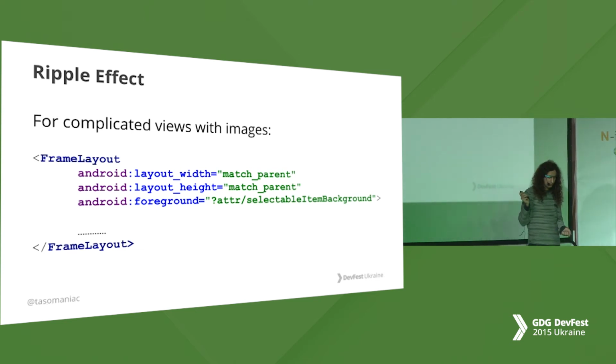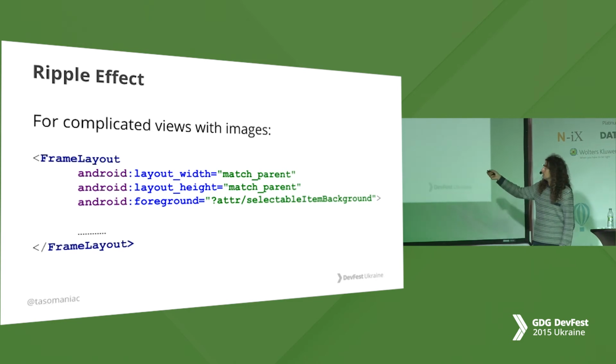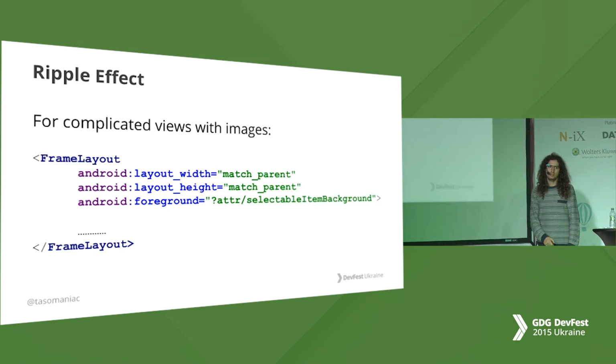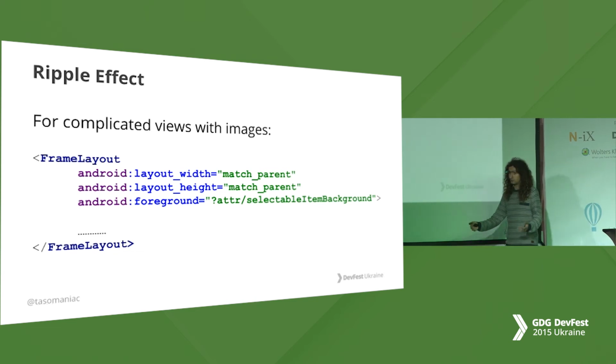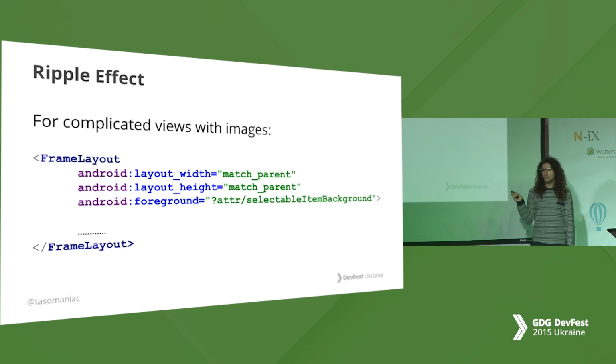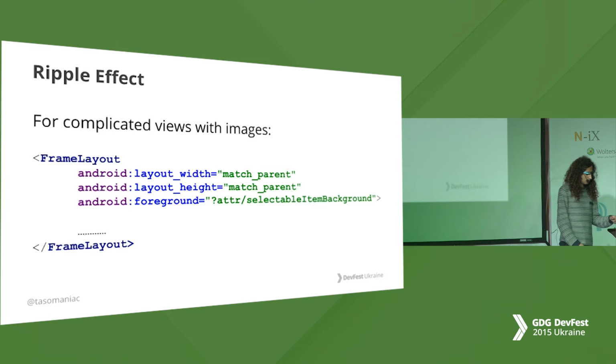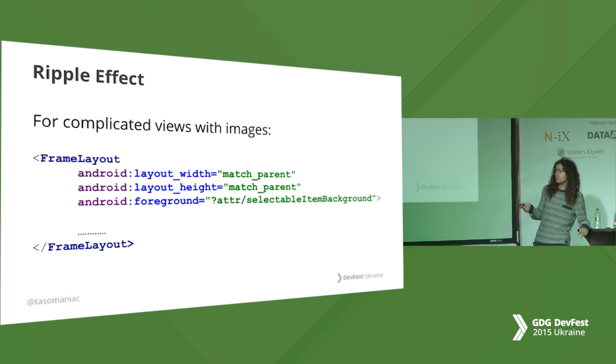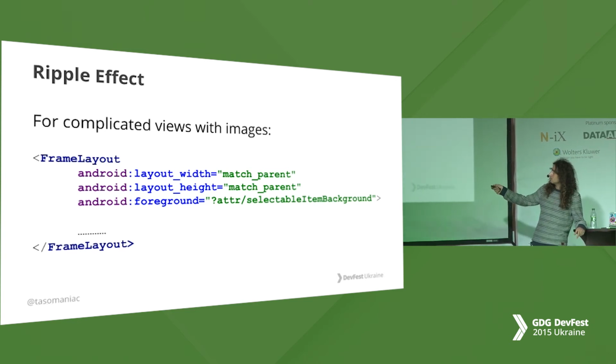So recently in Marshmallow, foreground is available in all the view groups, but they haven't made this backward compatible yet, so you cannot use it on devices below Marshmallow. So you basically need to cover your views with a frame layout and have foreground with selectable item background.